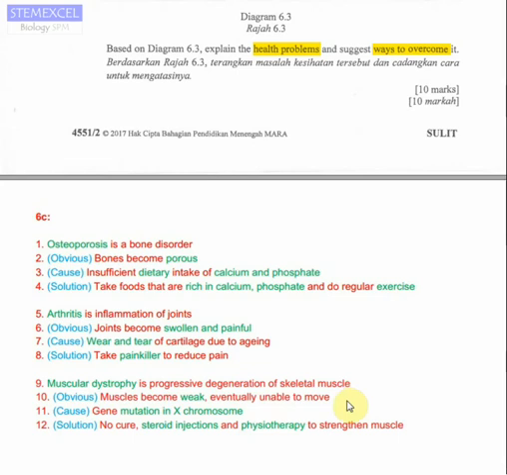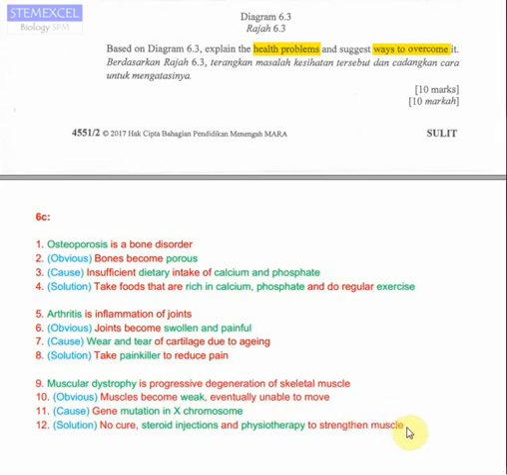What is obvious is that the muscle becomes smaller and weak, and eventually the person will not be able to move. The cause is a gene mutation that occurs in the X chromosome. The solution is that, so far, there is no cure. However, steroid injections and physiotherapy can be performed to strengthen the muscles.